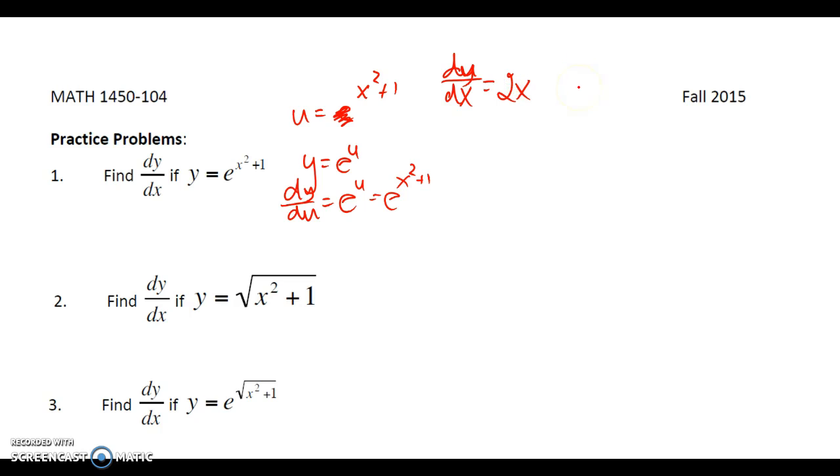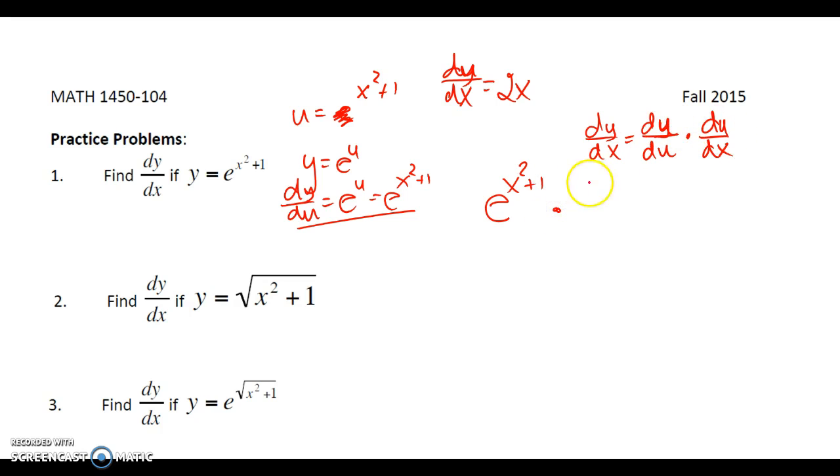So I'm just writing out the long way so we see what's going on. dy dx equals dy with respect to u times du with respect to x. All right? dy du is this, which is e to the x squared plus 1. Du dx is 2x. So that's your answer.